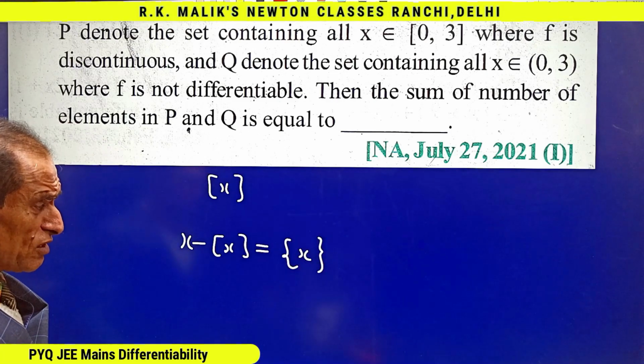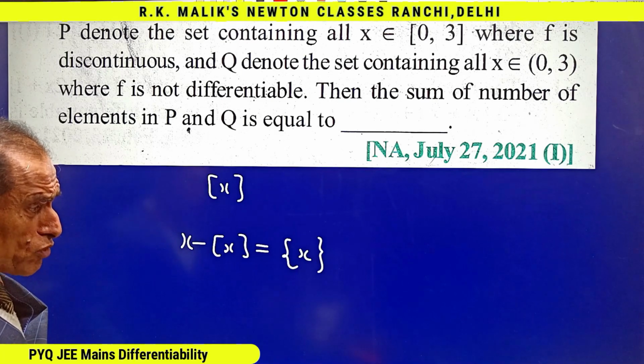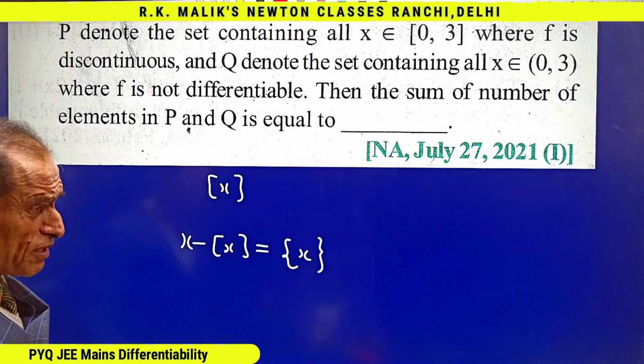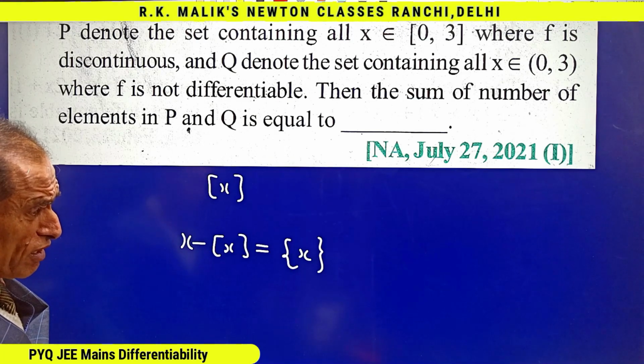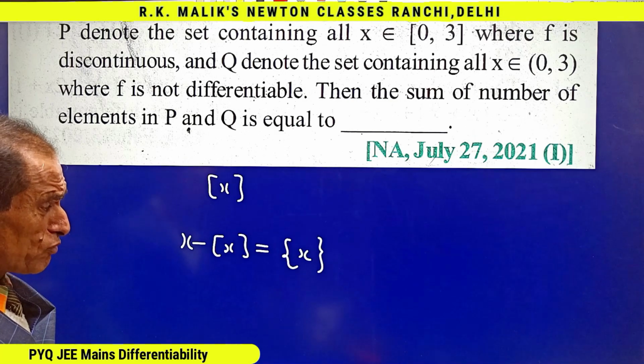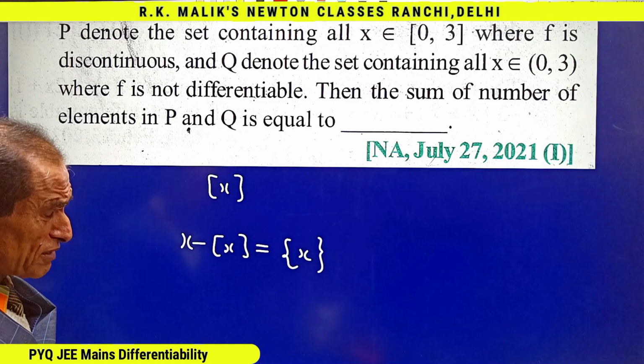Agreed that it is difficult to remember all these concepts, but if you know the reason behind them, then it is not difficult to remember. For understanding the reason, you will have to see my video lecture on differentiability of JEE Mains level.